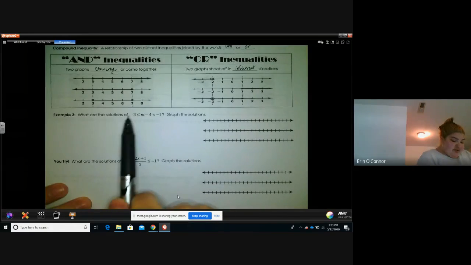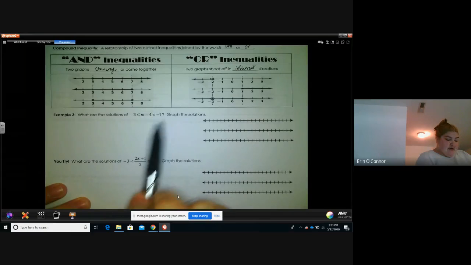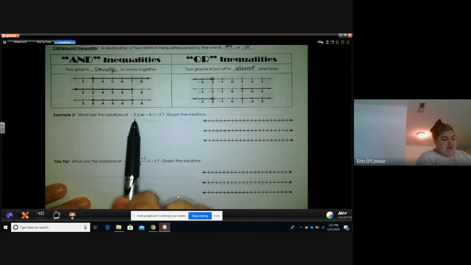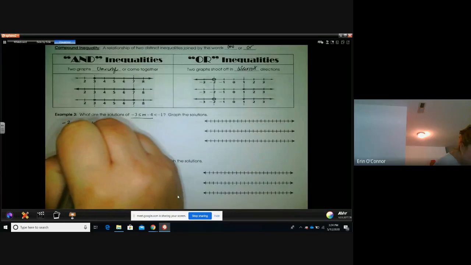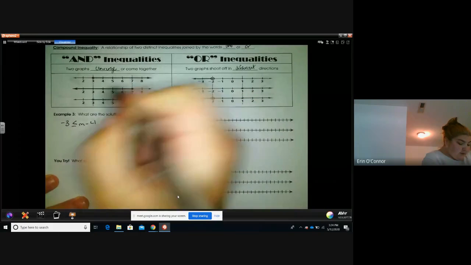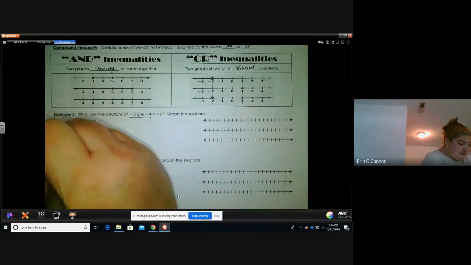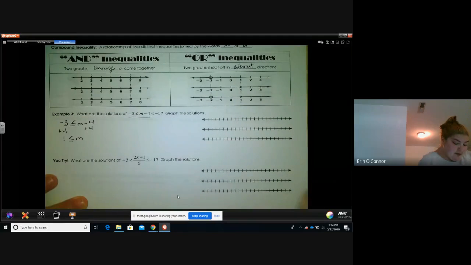So what are the solutions of this inequality? Negative 3 is less than or equal to m minus 4. First one. Negative 3 less than or equal to m minus 4. So we're going to add 4 on both sides. And you get 1 is less than or equal to m.